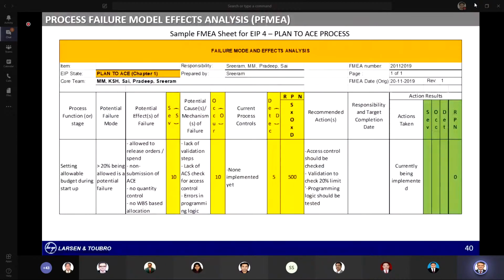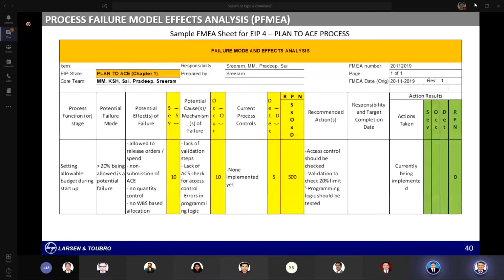In order for us to bring down the RPN, the risk priority number, we can't touch the severity, because the severity of, as I said to you, the system crashing or somebody getting hurt, all those will come under the 10 category. So what is your opinion? What are the other variables that we can play with to bring down the RPN? It was the remaining two: the occurrence and the early detection. Yes.